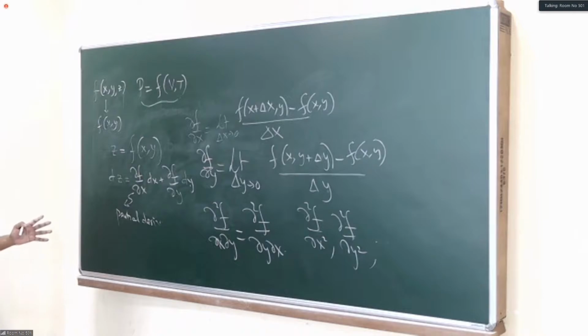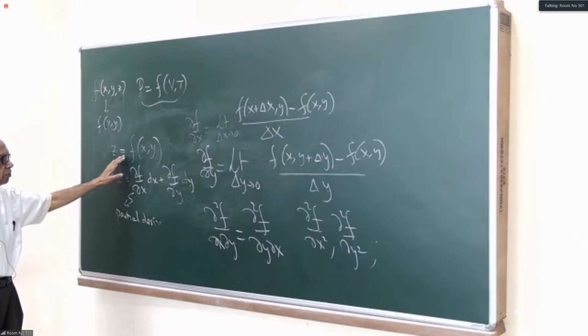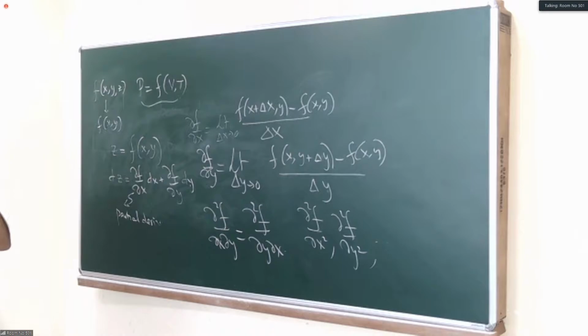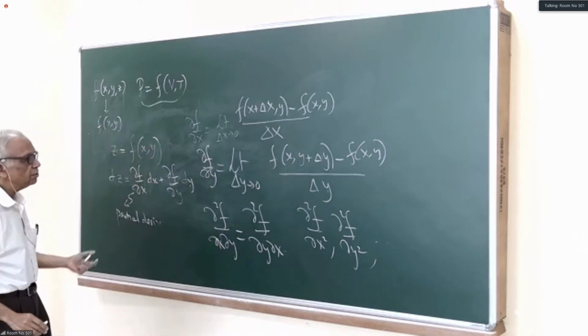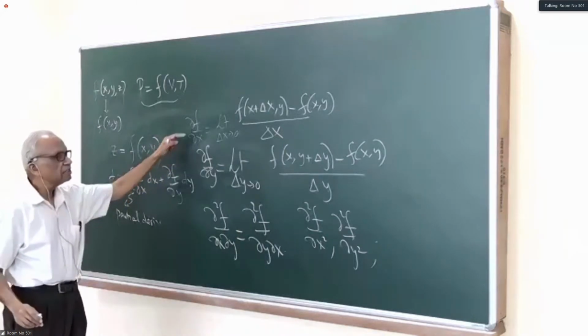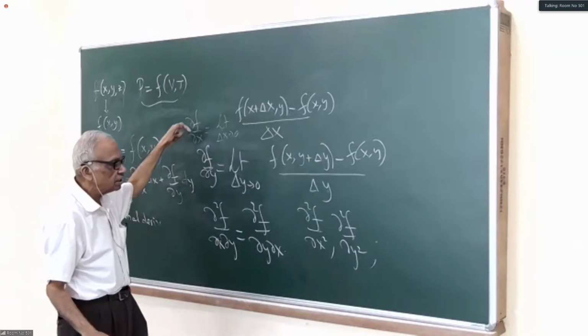So that's a function of two variables. If I give you z equal to f of x y, where f is a well-behaved function of x and y, then the definition of del f del x is this, and the definition of del f del y is this. You can use these as functions to define their derivatives.